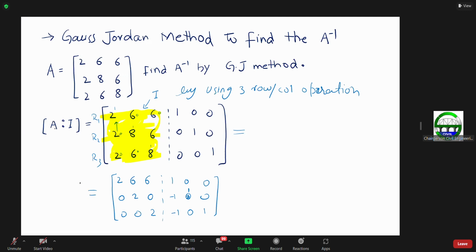Okay, so in our first step, you will write the matrix A combined with the identity matrix. What we do, we write matrix A: 2, 6, 6, 2, 8, 6, 2, 6, 8, combined with the identity matrix in here.